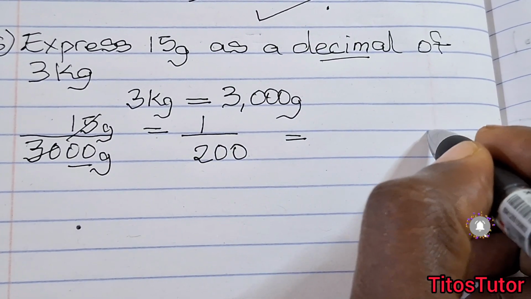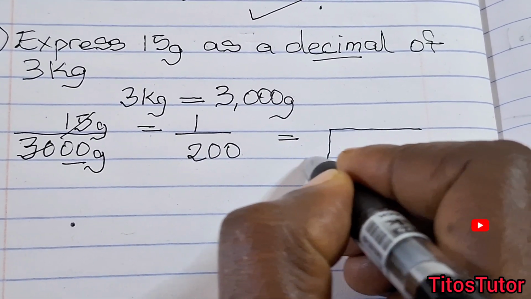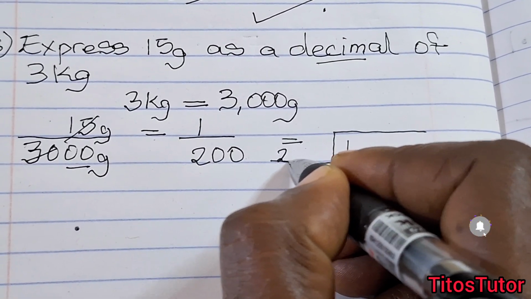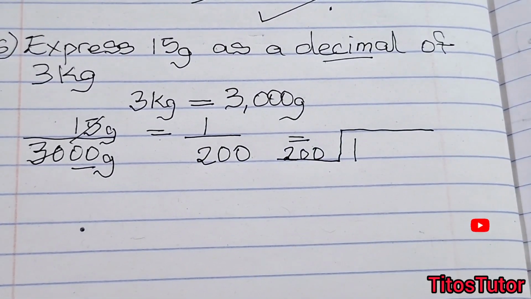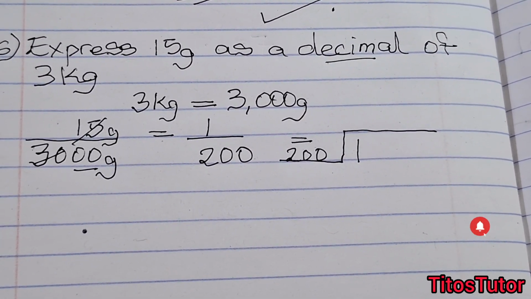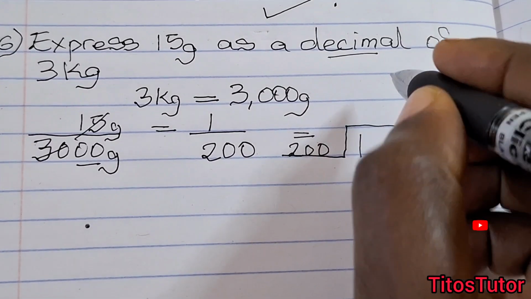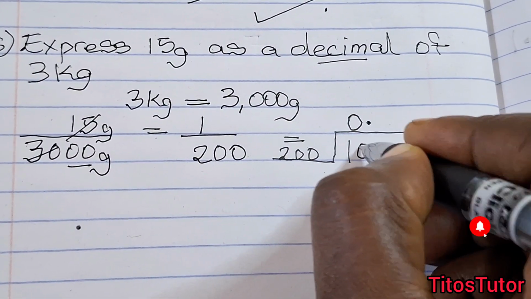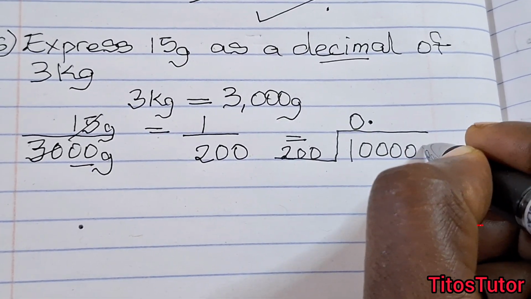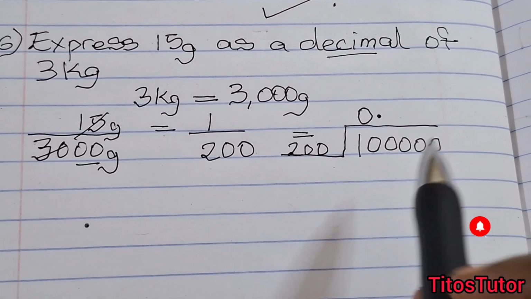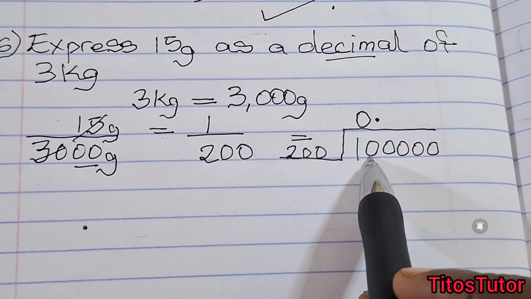I tell my student the best way to convert to decimal is through long division. You put your 1 inside and your divisor outside, denominator outside. How many 200s can I get in 1? Definitely not. I put a point and I can add as many zeros as I like. Now, I ask myself, how many 200s are in 10?